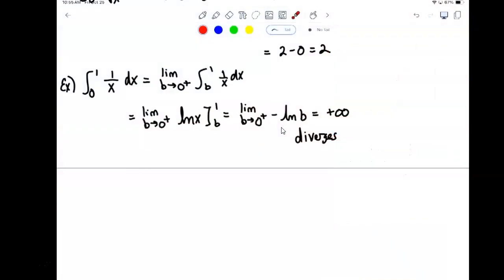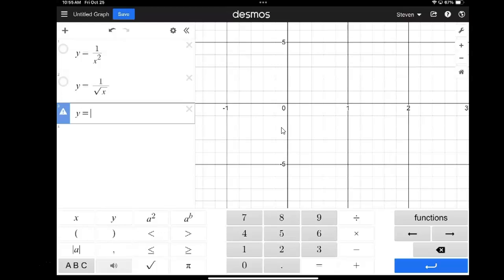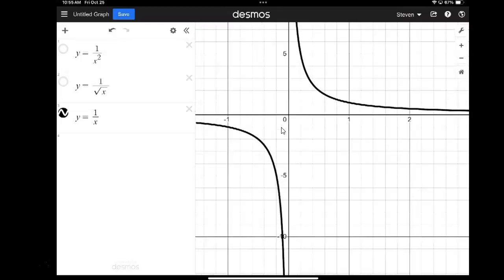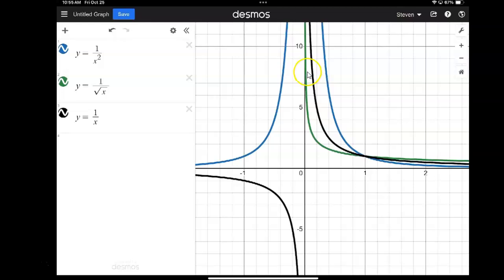So 1 over x actually doesn't work either way, right? It doesn't get close enough to the x-axis on the horizontal asymptote behavior for it to be finite, and it doesn't close in with the y-axis fast enough when you're approaching your vertical asymptote for us to have an actual limit. In fact, it's kind of the cutoff.